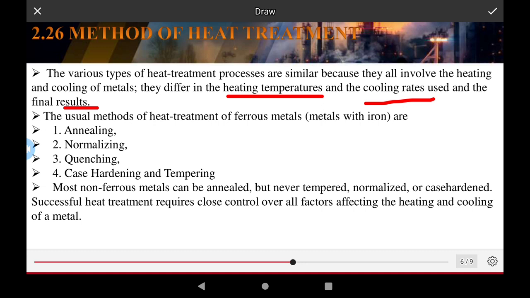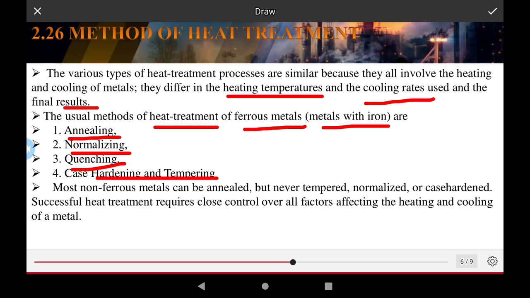The usual methods of heat treatment for ferrous metals, metals with iron, are annealing, normalizing, quenching and case hardening, and tempering.